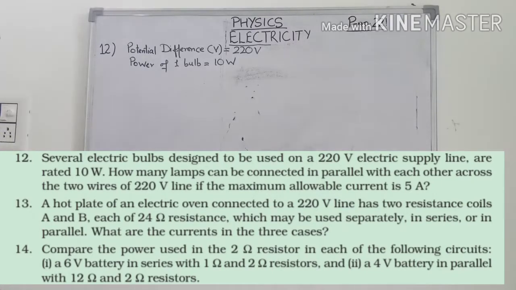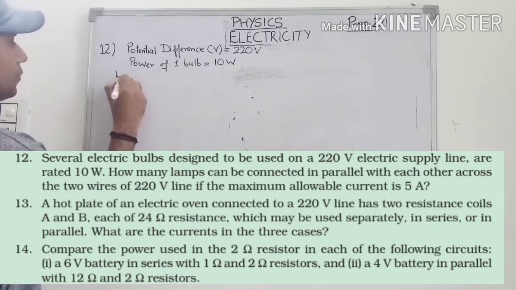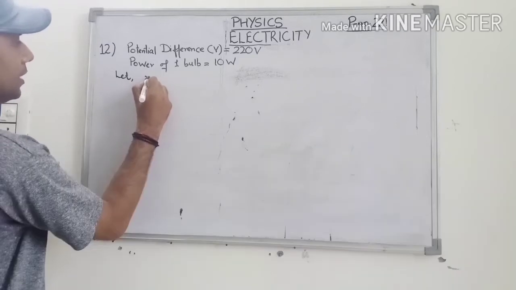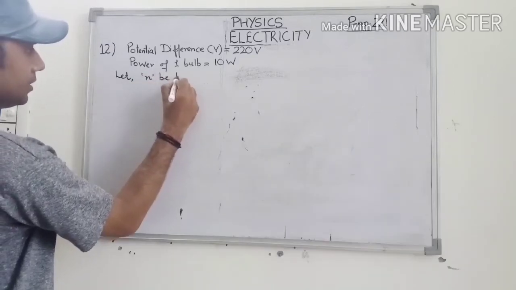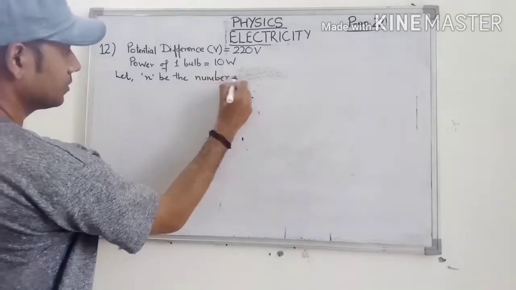Okay, and the current through the whole circuit is 5 amperes. So first we will consider, let n be the number of lamps.